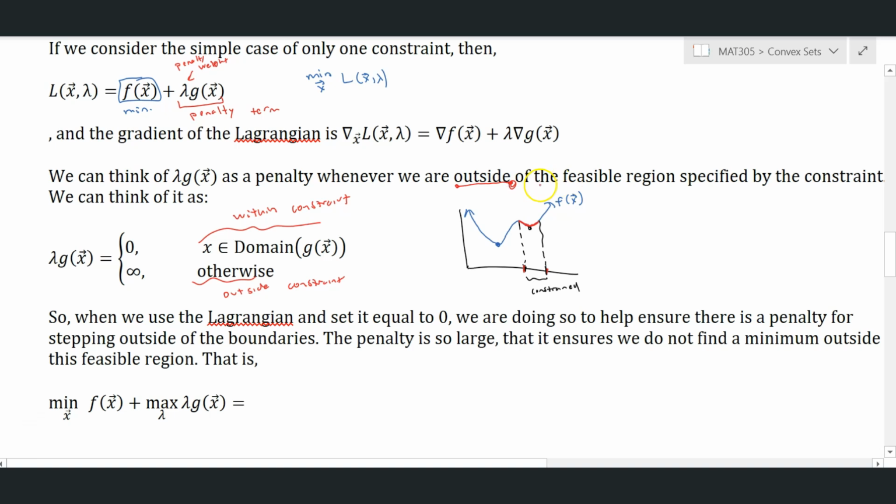So if you're outside of that region, we're just going to pretend like this is up here at infinity. So if you're within the constrained region, you take on the value of f of x. But if you're outside of the region, you take on the value of f of x plus this very large lambda times g of x. And so you're inflating the objective function when you're not meeting the constraint.